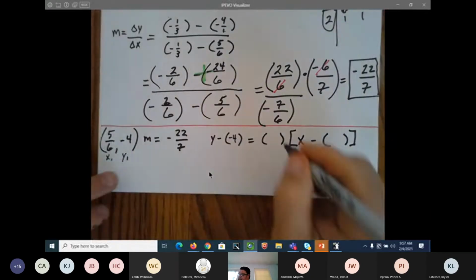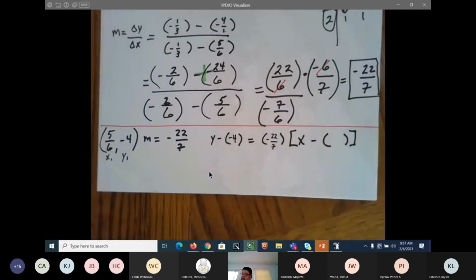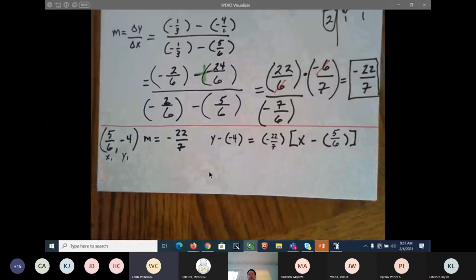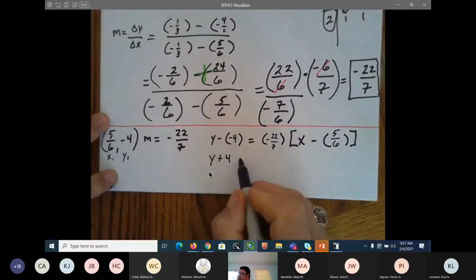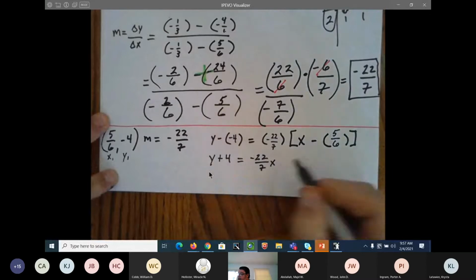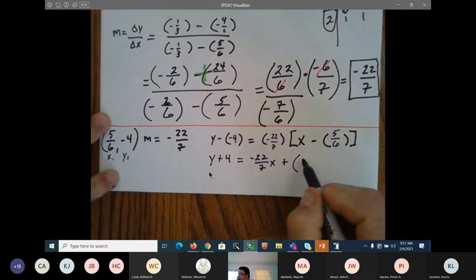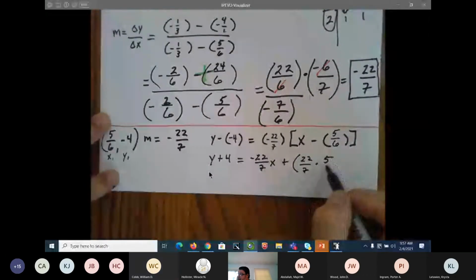The slope goes here. And x sub 1 goes here. So that gives me y plus 4 is equal to -22/7 x plus, and I'm going to put this in parentheses, 22/7 times 5/6.